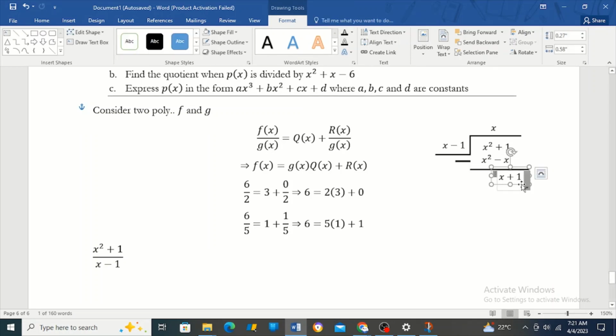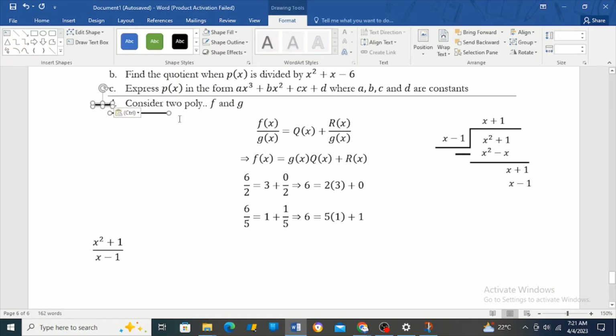Now I continue my division. So continuing my division, x divided by x will be plus 1 here, and then 1 times x will give me x, and 1 times negative 1 will give me negative 1. So 1 times x minus 1 is simply x minus 1. I go ahead to do my subtraction again.